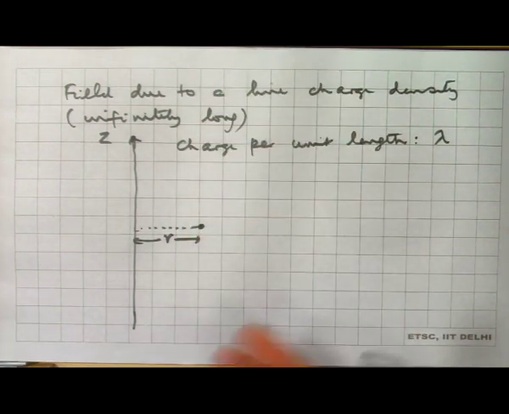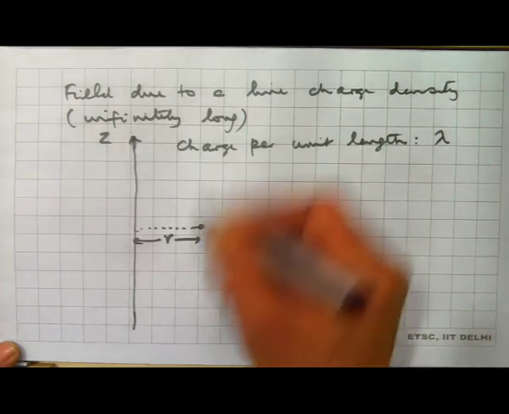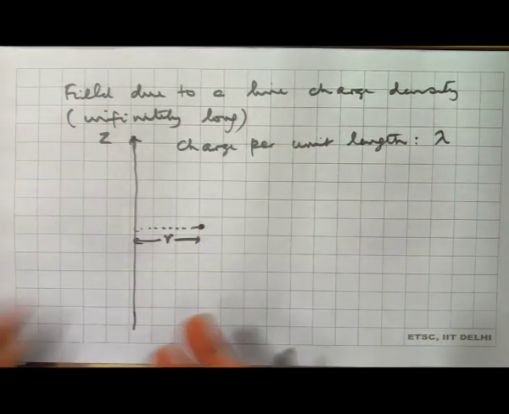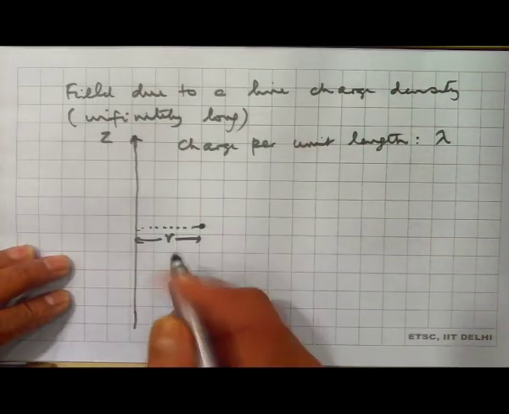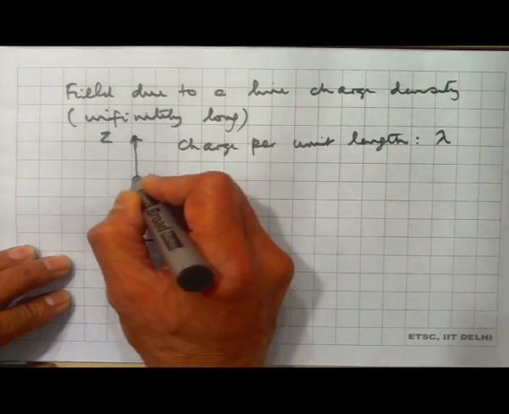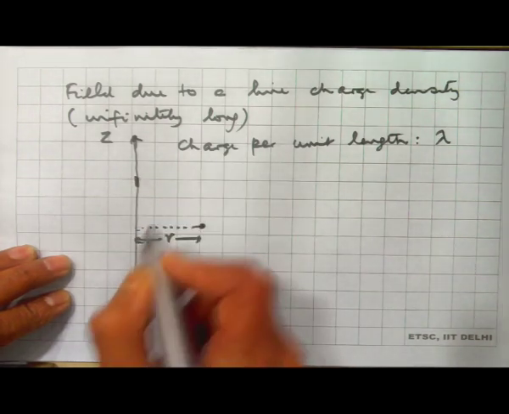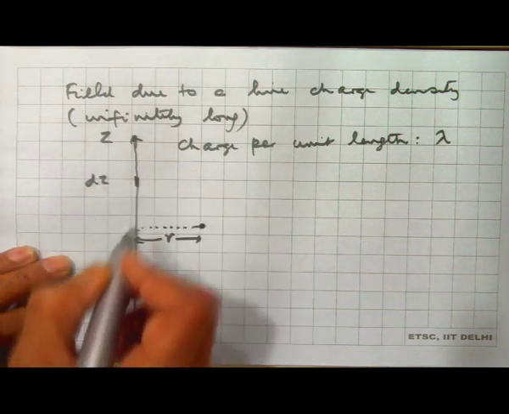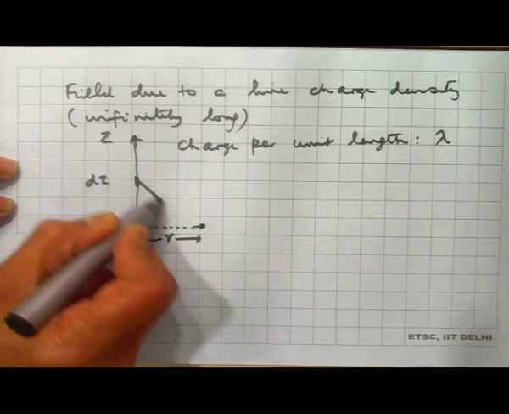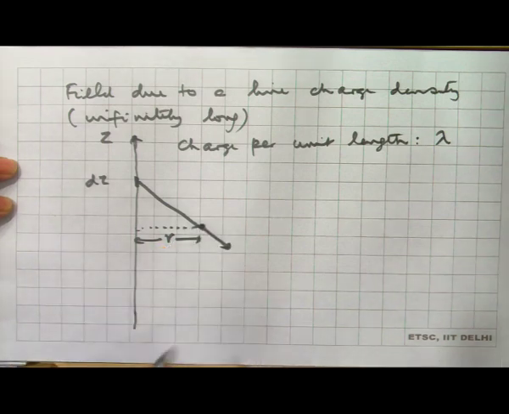As you will see, because of symmetry, the electric field here and here will be the same, because it is a z invariant system. The charge does not change as you move along the z axis. Now let me take a small element of charge here of length dz, and the electric field produced by this charge will be along this direction.